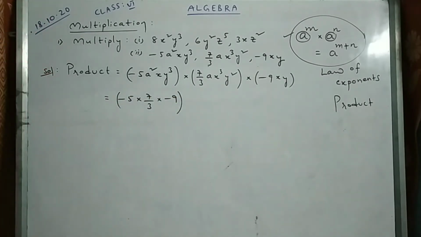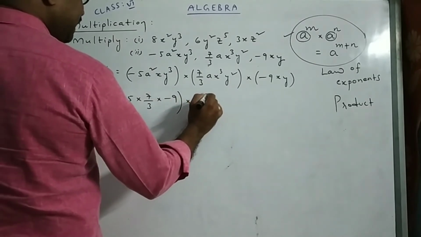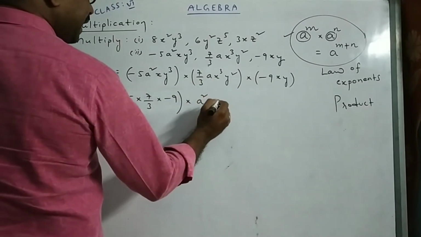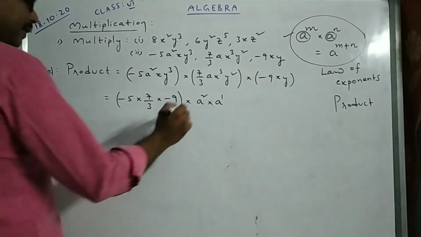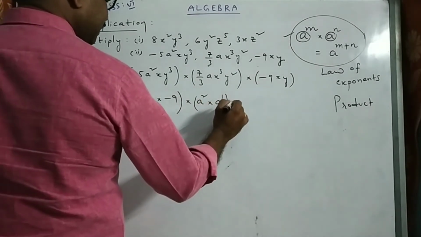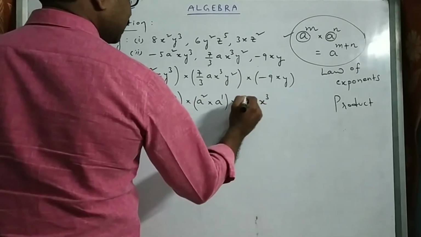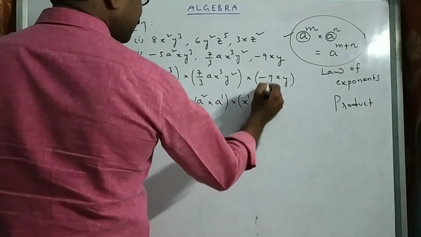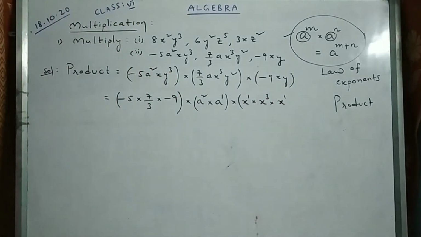Now a square terms we have. Here a square is there, here one more a is there. If there is no power, we will take 1. So x into here x cube, power 1 is there. Oh, one more x is here, so there also you will take power 1.